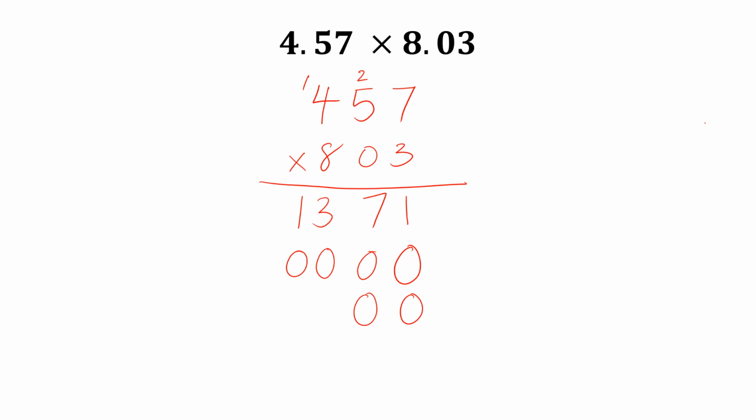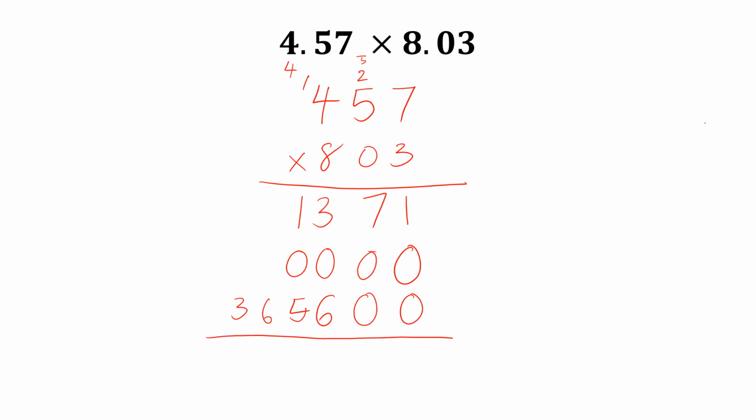So we put down the 6 and carry the 5. Next up, we have 8 times 5, that's 40. Plus the 5 that we carry, that's 45. So we put down the 5 and then carry the 4. And then 8 times 4, that's 32. And 32 plus 4, that's 36.